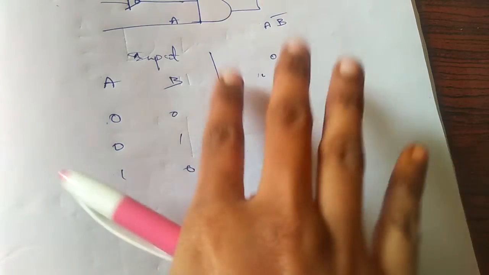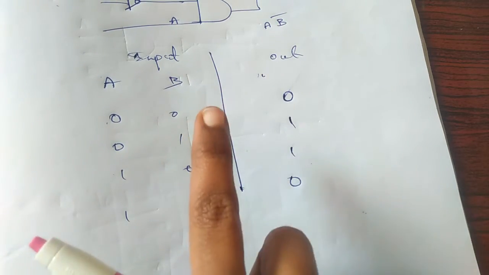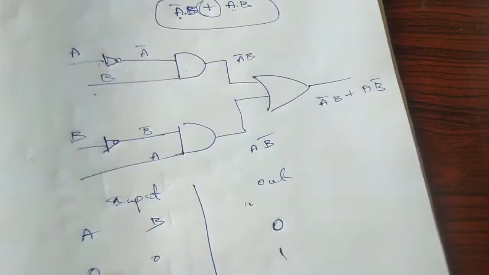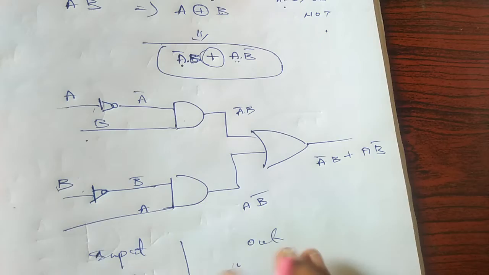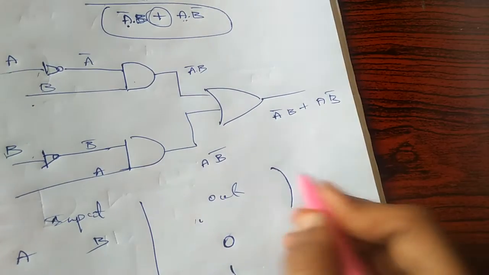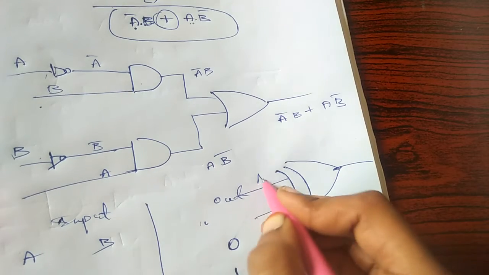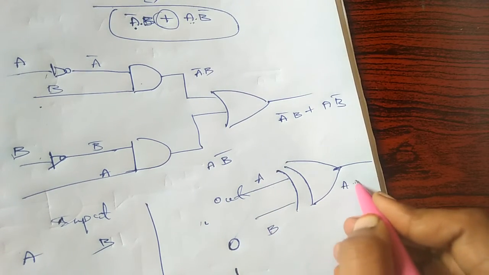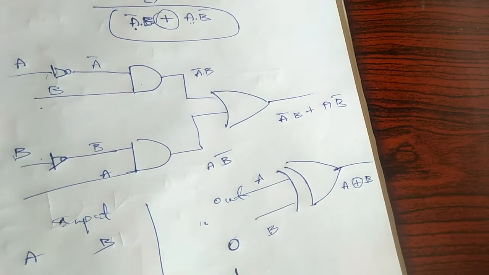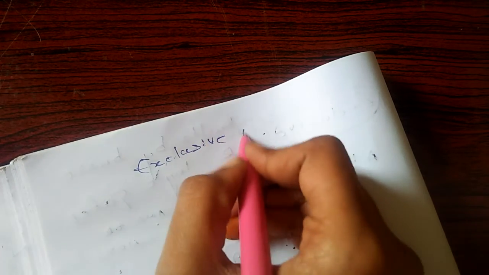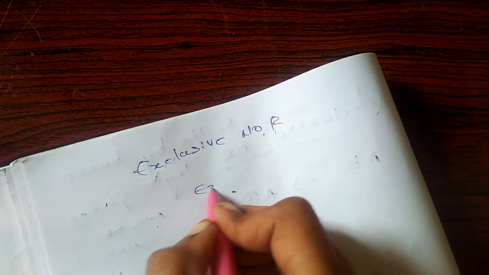So the exclusive NOR gate is completely opposite of the exclusive OR gate. I forgot to tell you, the exclusive OR gate symbol is this. If the inputs are A and B, then the output is A XOR B. Next one, exclusive NOR gate, which means XNOR gate.